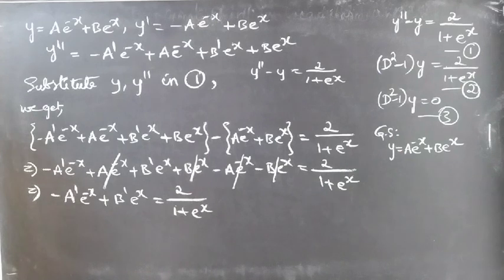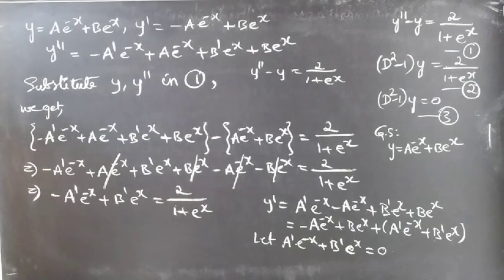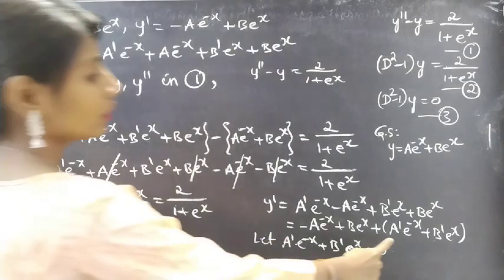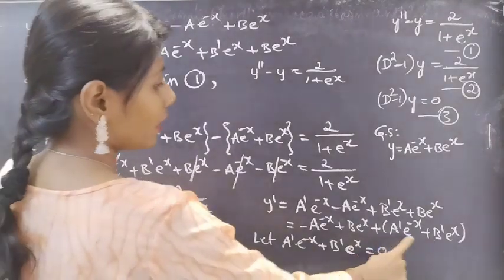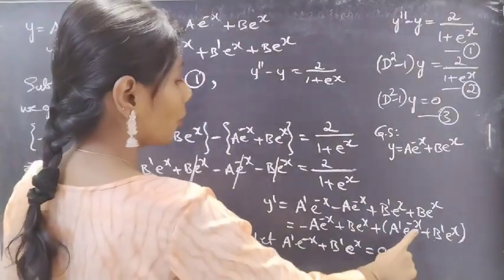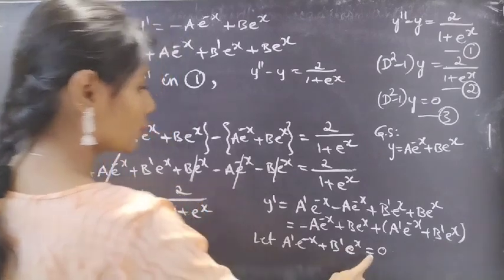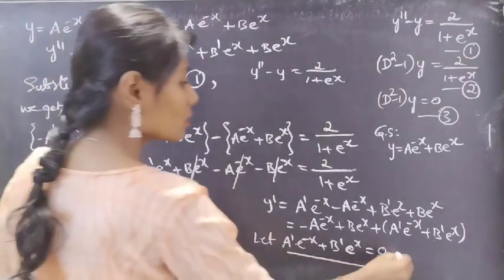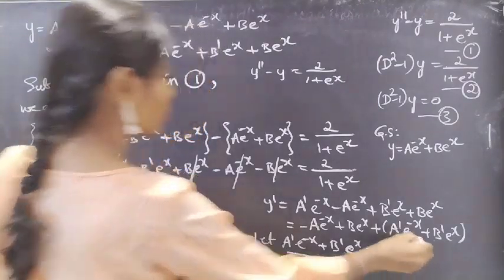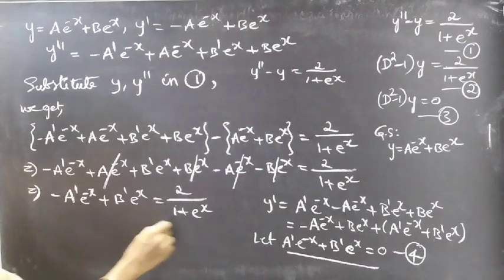Earlier we got an equation while finding y dash. While finding y dash, we considered a dash e power minus x plus b dash e power x equals 0. Consider this equation as equation 4. I forgot there.